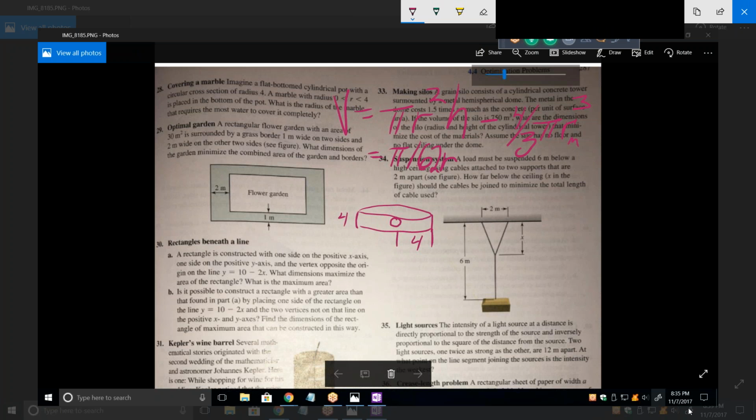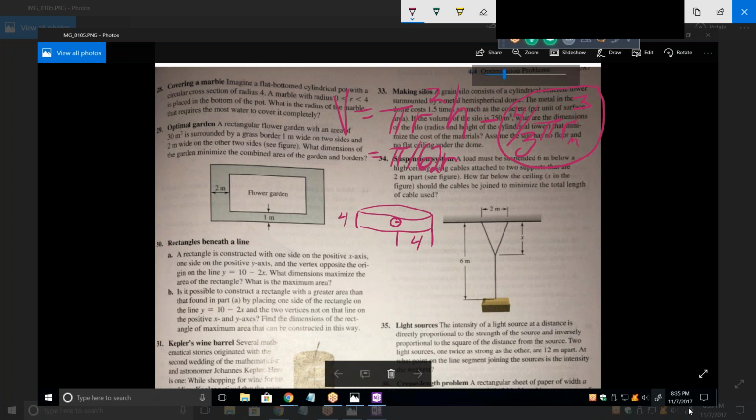To cover the marble, it has to actually be twice the radius of the marble. Oh, yeah. That's the volume of the marble, where the radius is just this distance. So if I want to cover the marble in water, I got to have a height of water that's at least twice the radius of the marble.